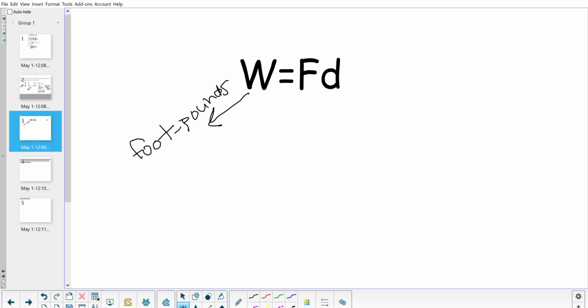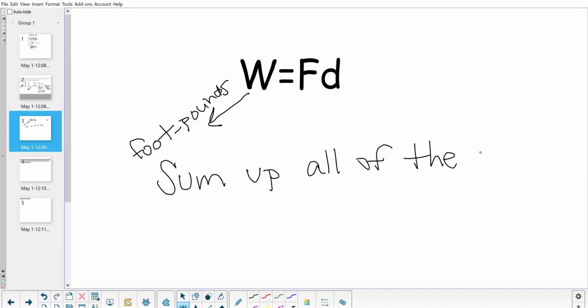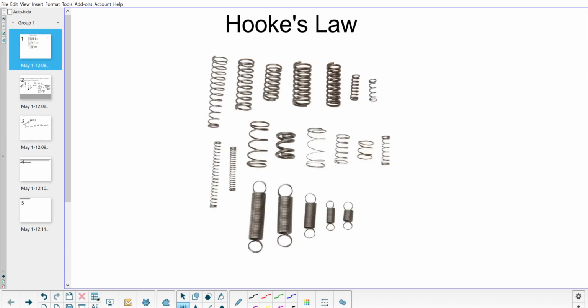So what we are going to do is sum up all of the work. Because as you start pulling on a spring like this one, it might take different amounts of work to pull on this spring.